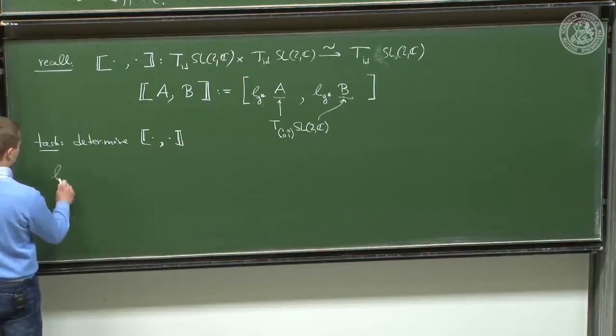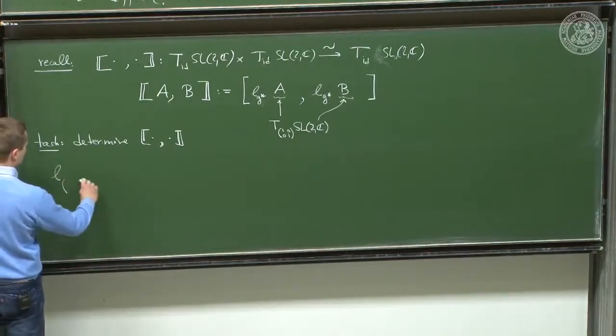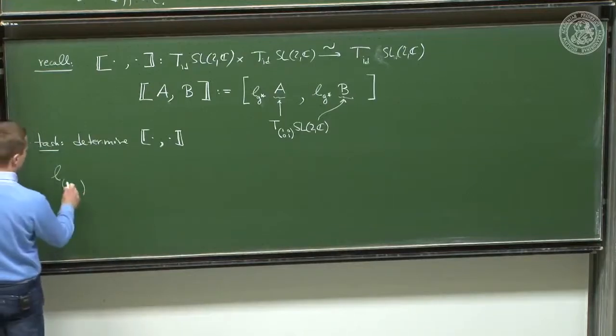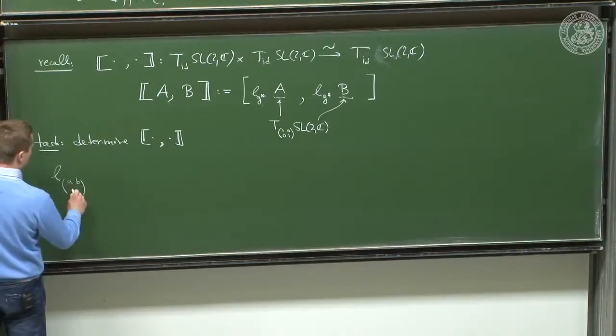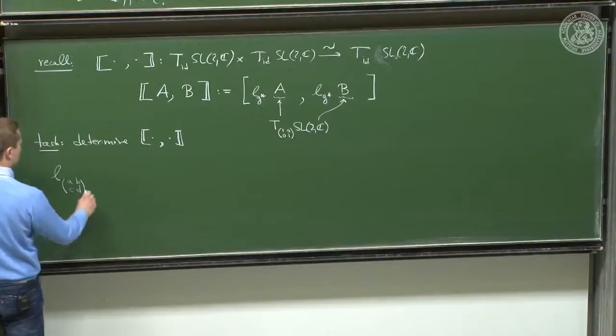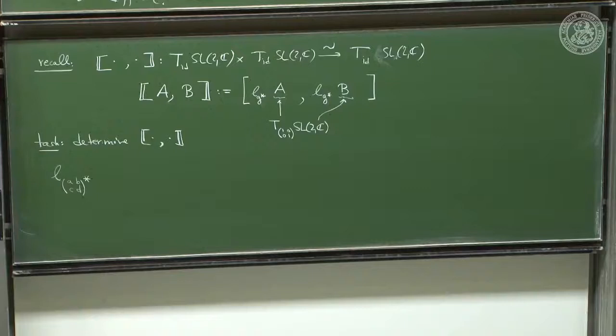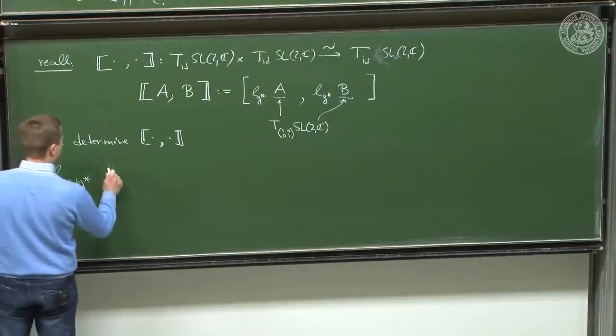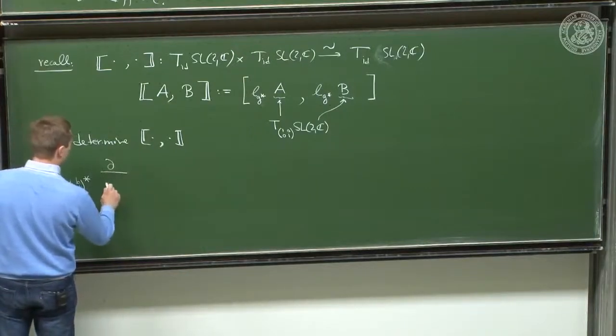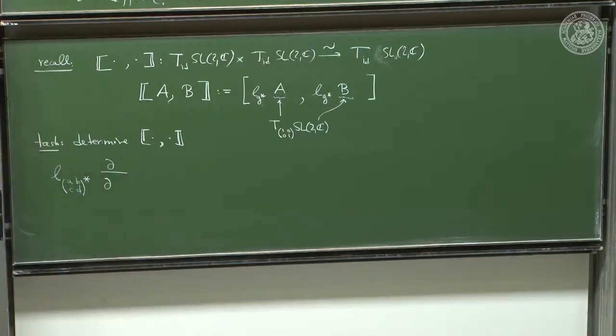So let's try to calculate L sub G. So G is some element of SL2C. So I write here L, A, B, C, D. And I take the push forward and I act on d by dx i. So now I need to choose a chart that contains the identity. The U chart contains the identity. U only asks you A to be non-zero, but in the identity A is 1.